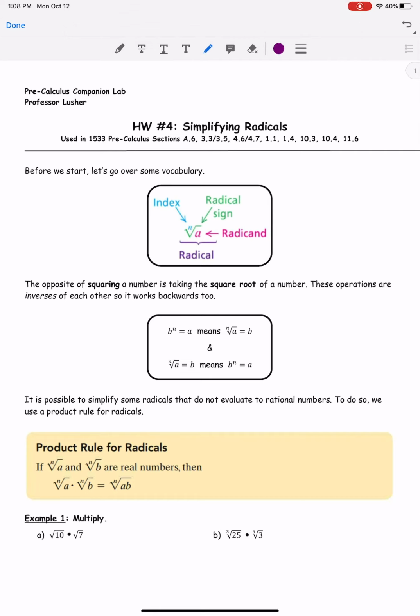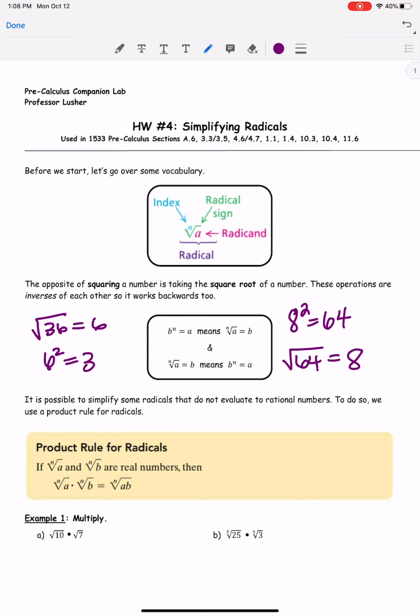So 8 squared is 64, and when I take the square root of 64, that equals 8, because 8 squared gives me 64. They undo each other. The square root of 36 is 6, because 6 squared gives me 36.